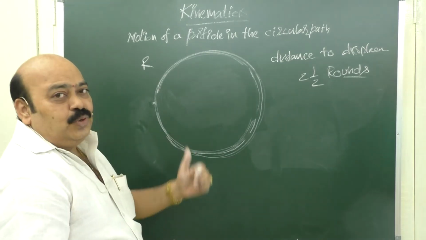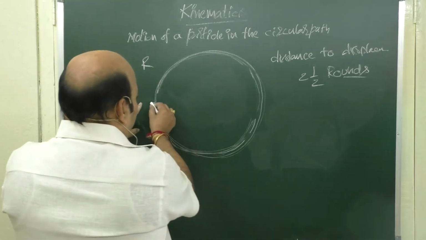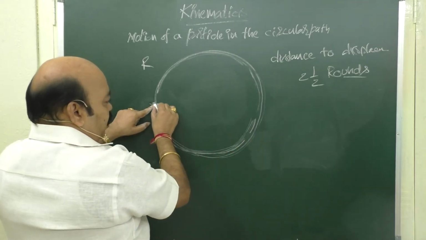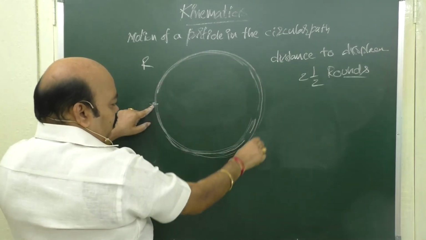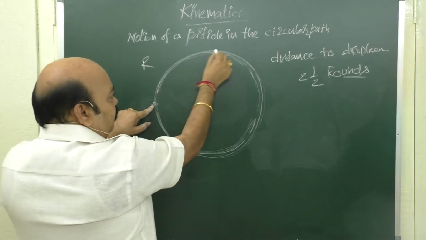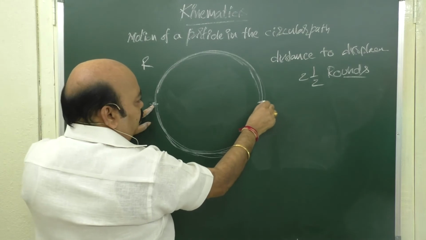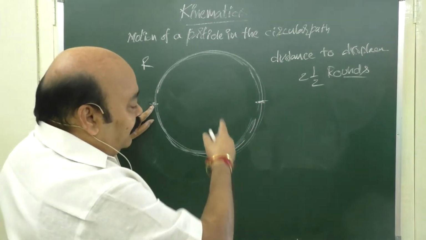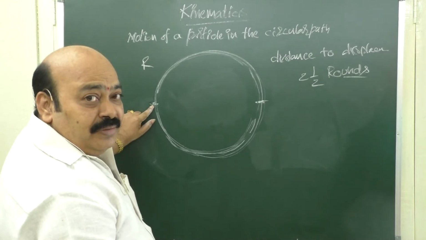See, what is 2.5? Starting from this point, say. After 1 round, again he reaches the same point. After 2 rounds, he will be at the same point. After half round, he will be exactly opposite of this one. Can you give the proper name of this one?